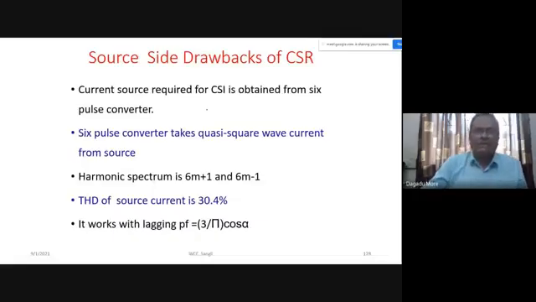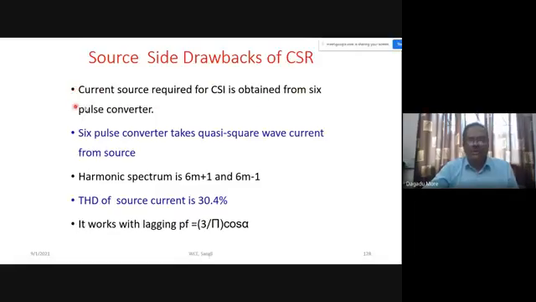Now the source side drawbacks of our current source rectifier using thyristors are listed here. The 6 pulse converter takes a quasi square wave current from the source, and the harmonic spectrum of this quasi square wave is 6m plus minus 1: the fundamental, then 5th, 7th, 11th, and 13th harmonics. The THD of the source current is 30.4%, and it works at a lagging power factor, taking reactive power.